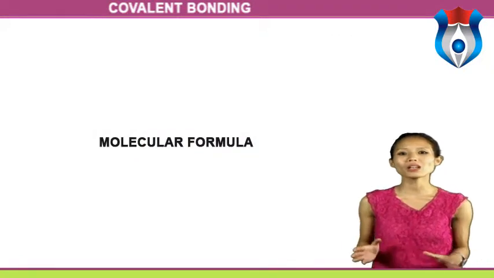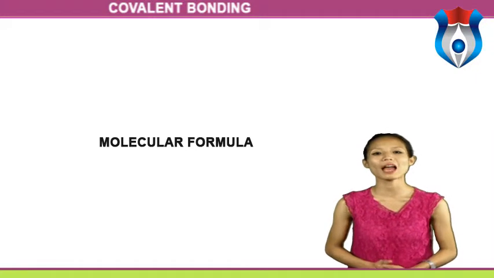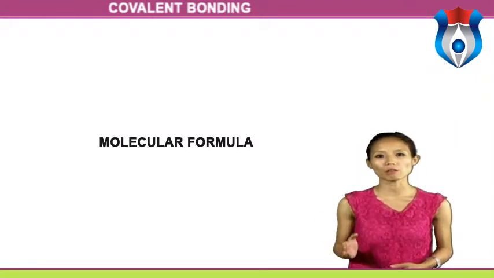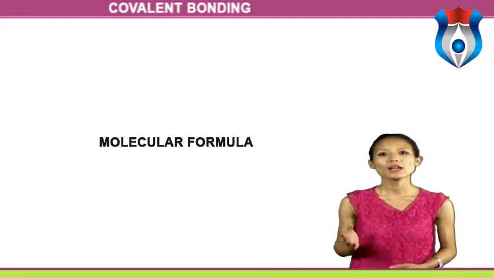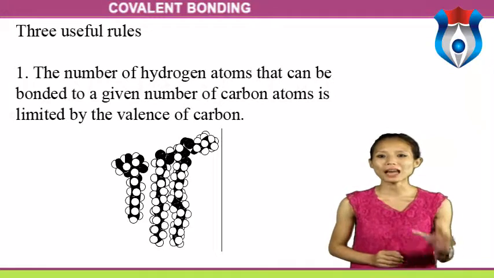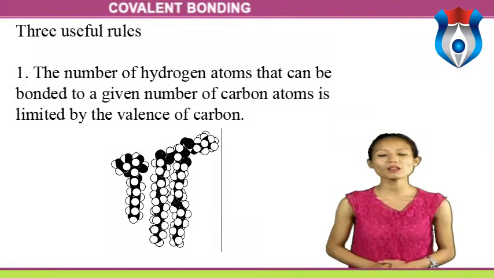Although structural formulas are essential to the unique description of organic compounds, it is interesting and instructive to evaluate the information that may be obtained from a molecular formula alone. Three useful rules may be listed. The number of hydrogen atoms that can be bonded to a given number of carbon atoms is limited by the valence of carbon.